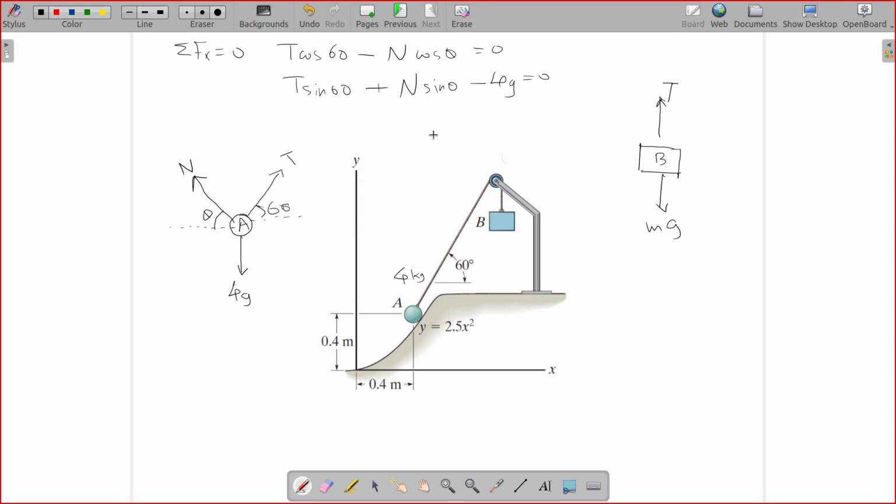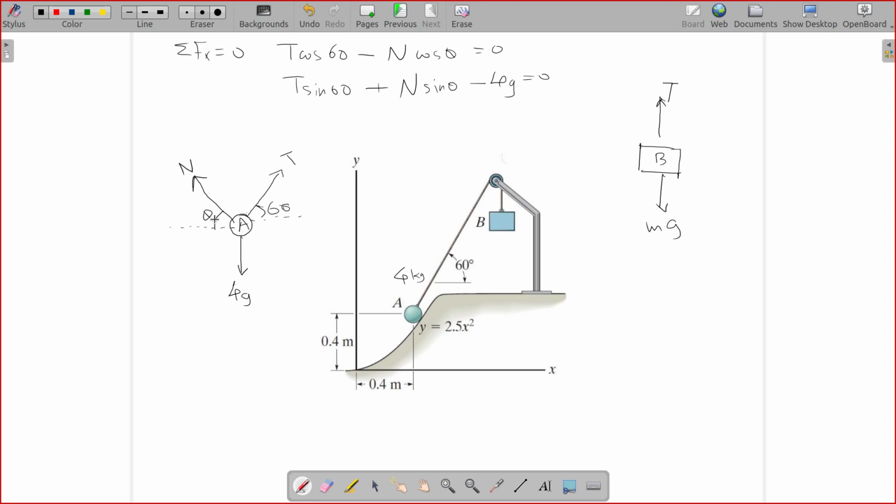And N is the normal force from the surface on the sphere here, and that will be equal to the normal force from the sphere on the surface. So N is another value you need to calculate, which is being asked in the question.